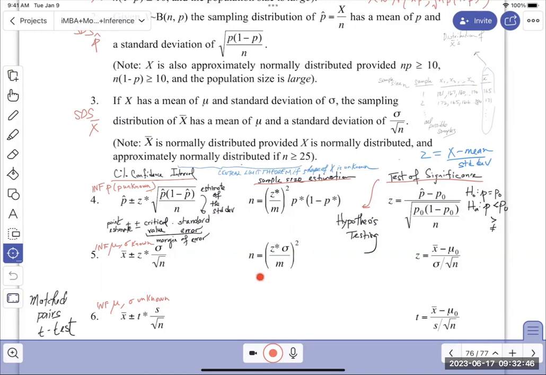I don't know if you remember the Mazda commercials that were zoom, zoom. You don't have to memorize the formulas, but it's good to have a mnemonic device in your mind so you don't forget this square term here. You have to square the M for Mazda, or it's really margin of error, but it helps you remember you have to square this, otherwise you're going to get the wrong answer. Where does it come from? It comes from taking the margin of error here and setting it to m.